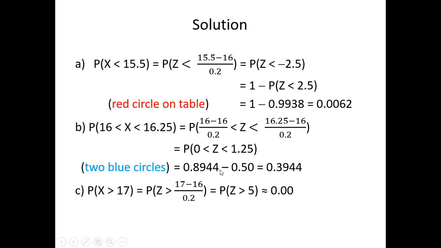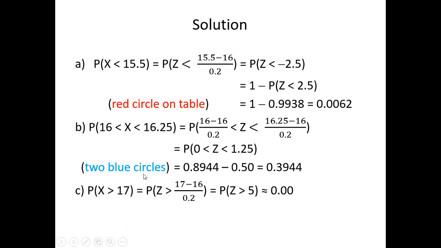So to find this, we need to find the probability Z less than 1.25. And then we need to subtract the probability that Z is less than 0, which is 0.5. So we get 0.8944 minus 0.5, or 0.3944.